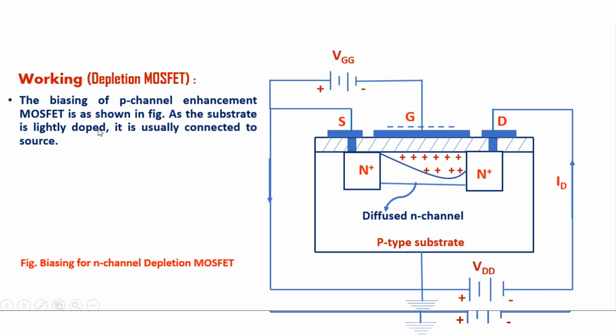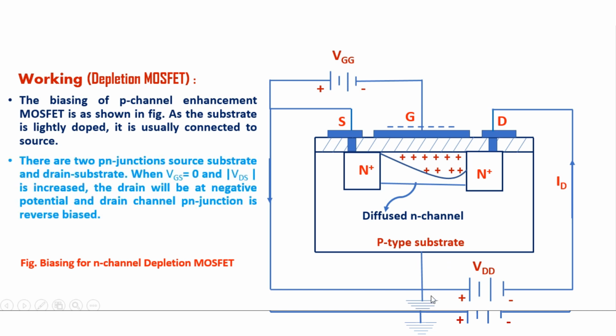The biasing of the N-channel depletion MOSFET is as shown in this figure. As the substrate is lightly doped, it is usually connected to the source. There are two PN junctions, that is, the source-substrate and the drain-substrate.